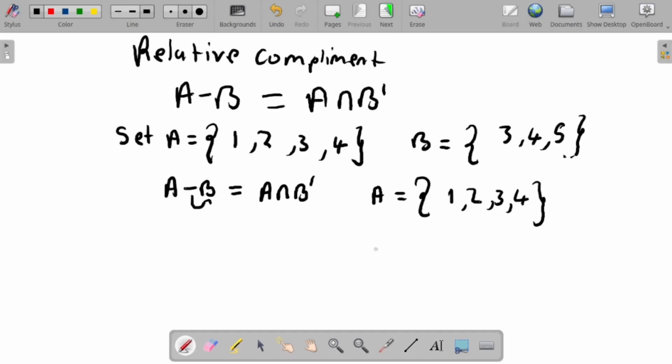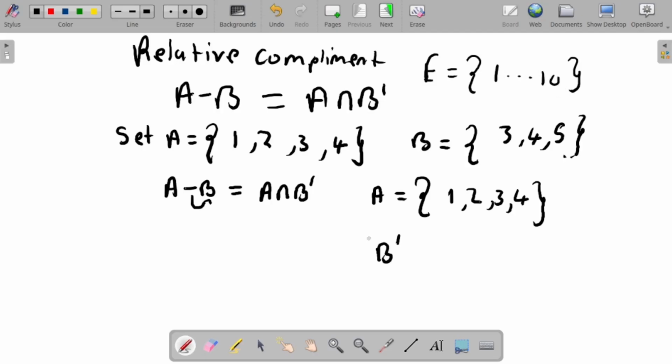Then you look at B complement. If we are looking at B complement and we have a universal set, let's assume our universal set E is equal to elements from 1 all the way to 10.